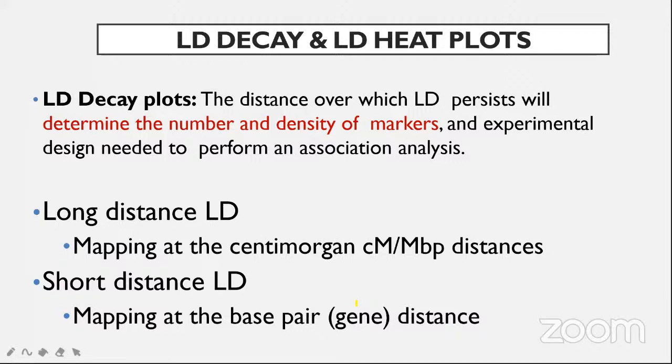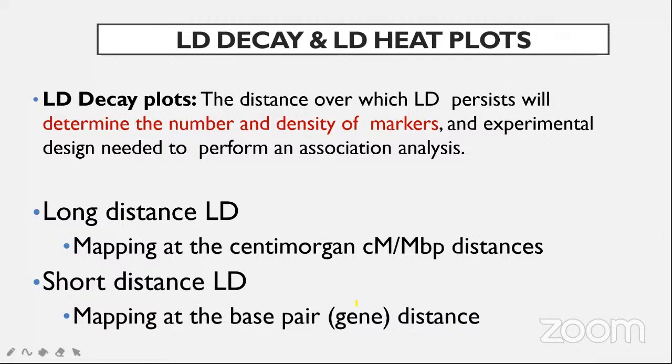So once you have all the marker data, we develop an LD decay plot. If you have an LD decay that could extend to megabase pairs, then a few markers are sufficient in theory. But if you have a short LD, you need thousands or millions of markers.